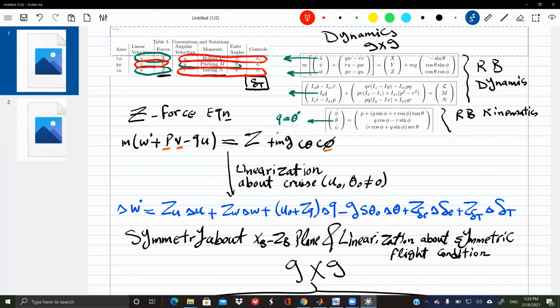So these are the equations of the lateral dynamics. Again, this will be only phi dot equals P and psi dot equals R simply.